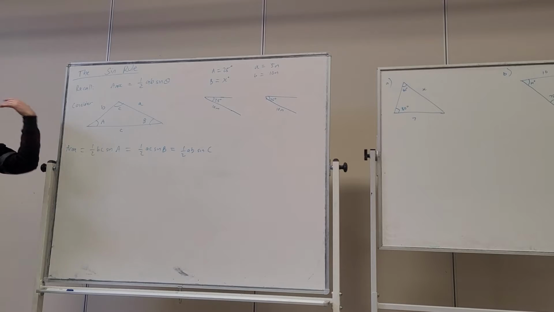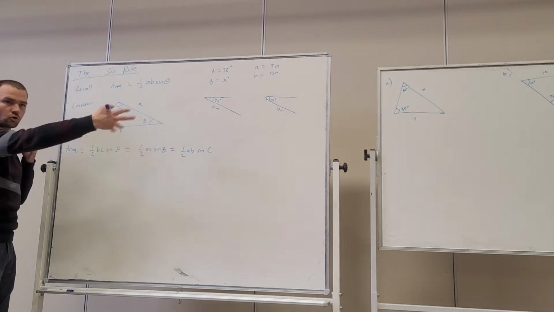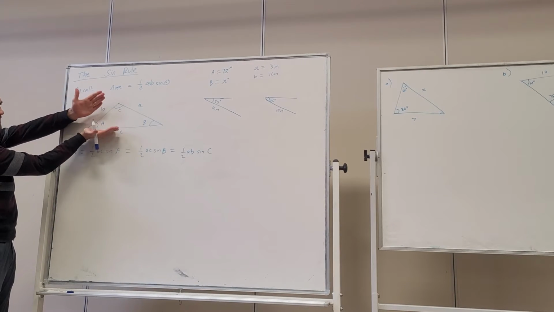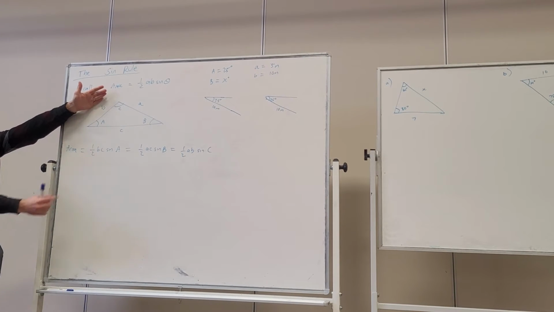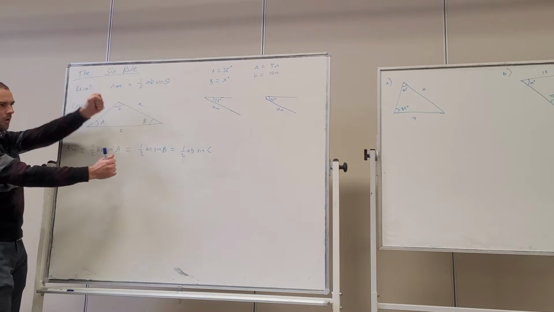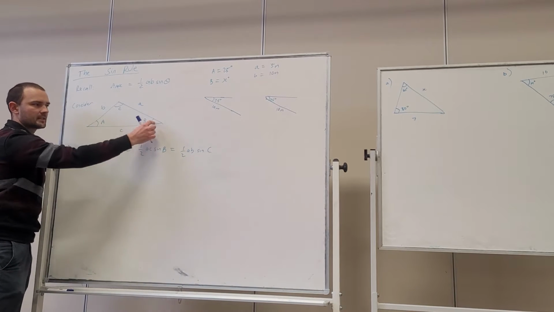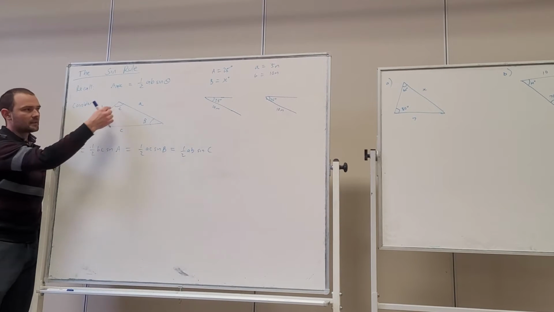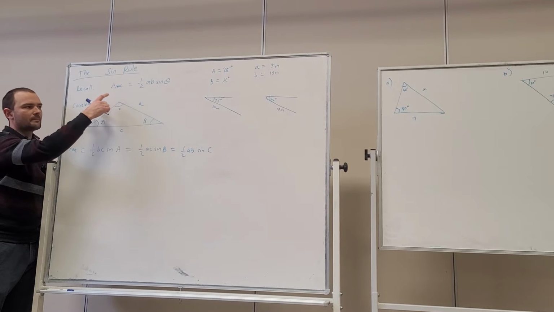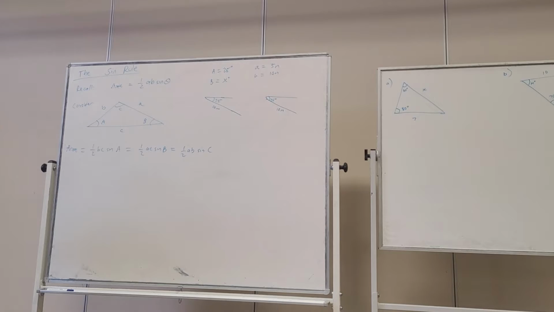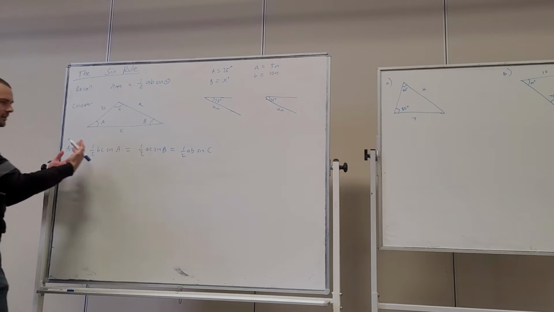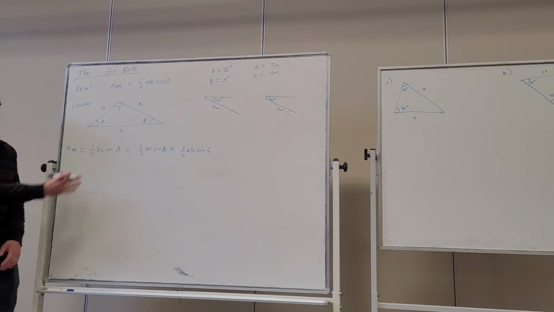If we're going to make a statement about the area of this triangle, we could calculate the area using these values: half times b times c times sine A, that's my first statement. Or you could do half times a times c times sine B, or if you have this angle and these two lengths, half times a times b times sine C. Because they will all generate the area, therefore they are all equal to one another. So we've got this equation here.